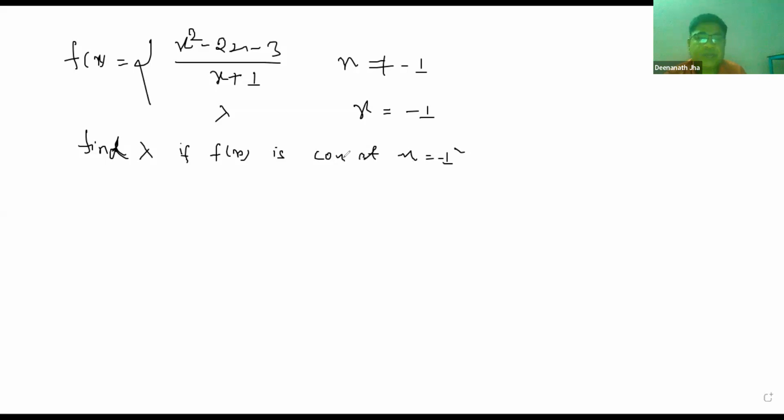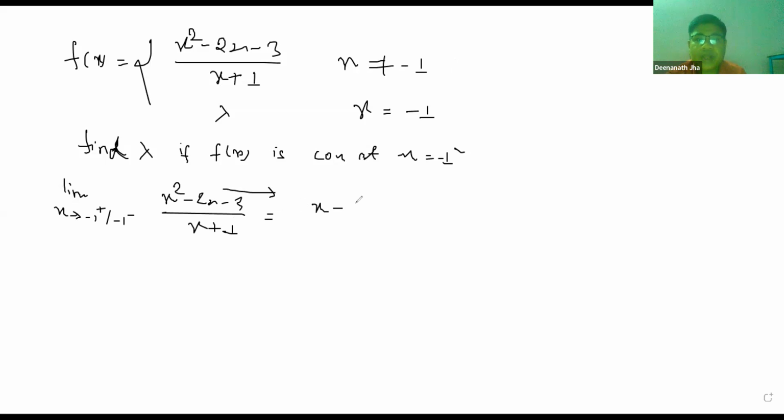More than expected time. What happened? When you take limit x tends to minus 1 plus or x tends to minus 1 minus, which function will you take? x square minus 2x minus 3 divided by x plus 1. Then you will factorize this. Can you tell me the factors of x square minus 2x minus 3? x plus 1, x minus 3.